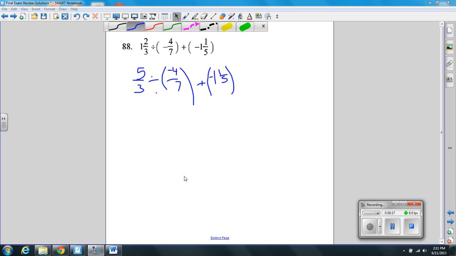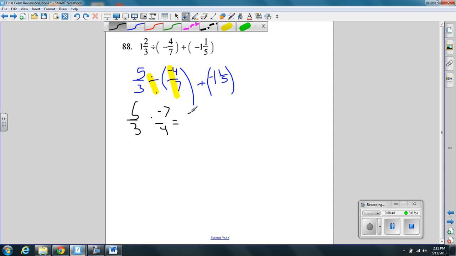All right. So division is the same as multiplying the reciprocal. So we're going to take 5 over 3. We're going to multiply it to negative 7 over 4. And then we'll add on this negative 1 and 1/5.